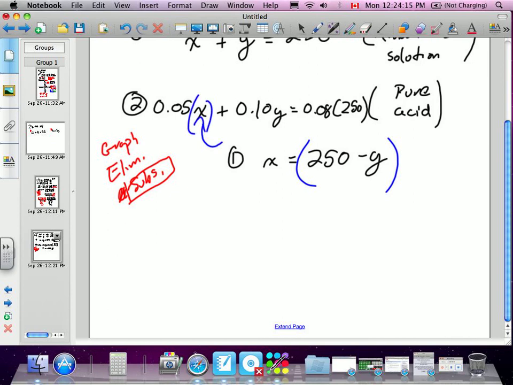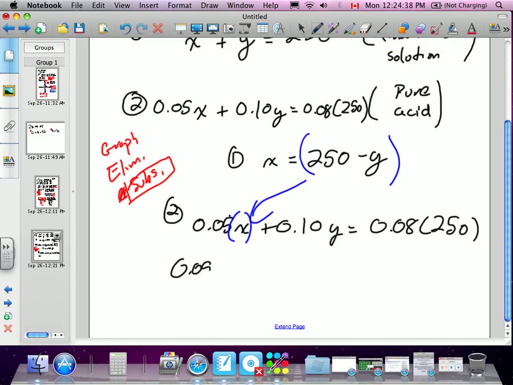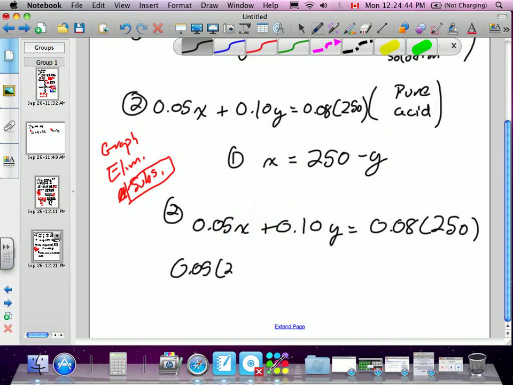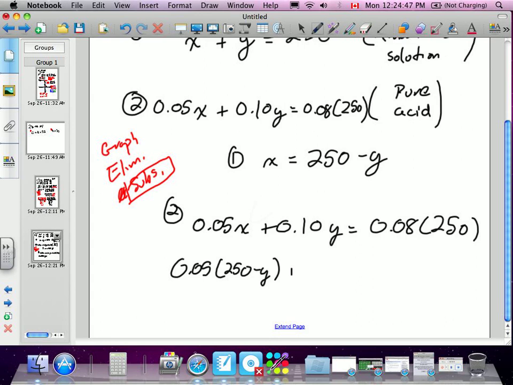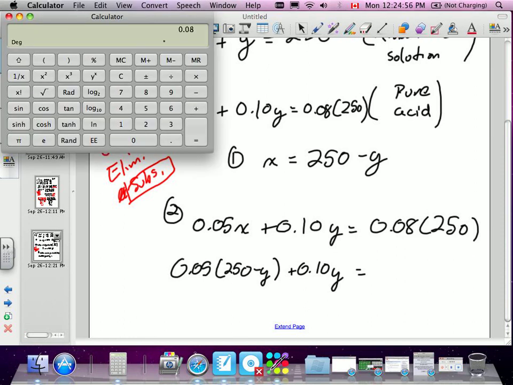Equation 2 reads 0.05x plus 0.10y is equal to 0.08 times 250, which is 20. I'm going to plug this value in for the x right there. So I get 0.05 times 250 minus y plus 0.10y is equal to 20.